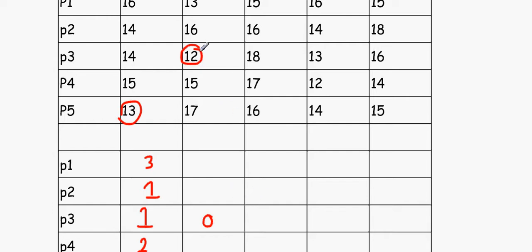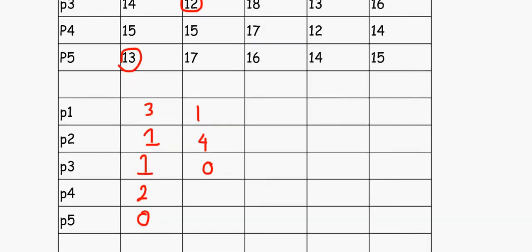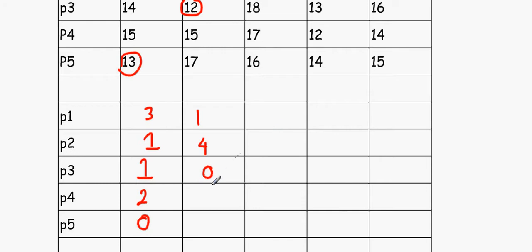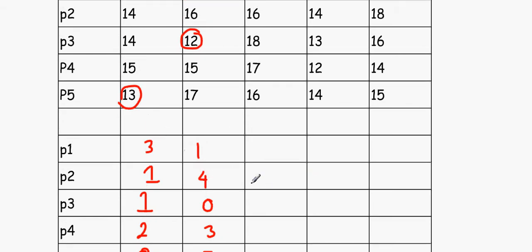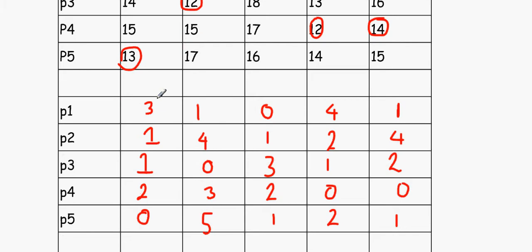So 13 minus 12 is 1, 16, 4, 12, 0, 5, 15, 3, 17, 5. Alright, third one is exactly the same. I'm going to go ahead and complete this, so I will be back. Okay, so I have now reduced all of the columns, and I've done exactly the same thing that I did with the first column and the second column.